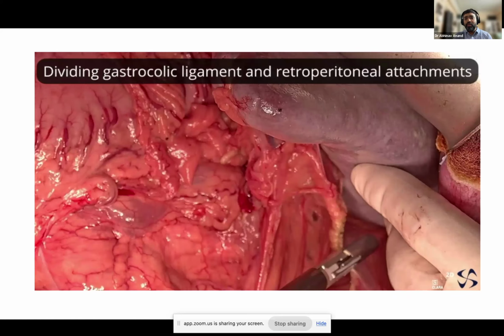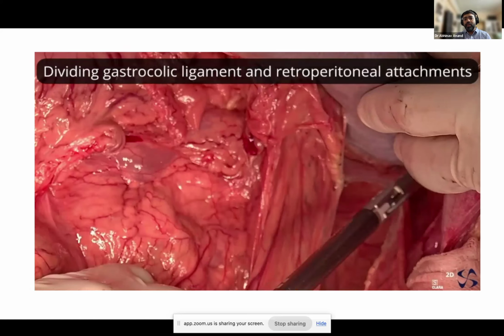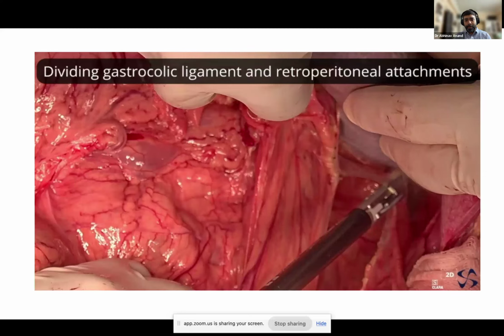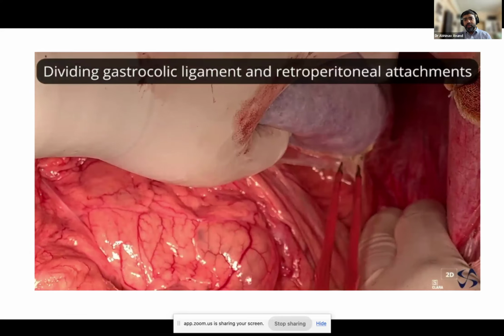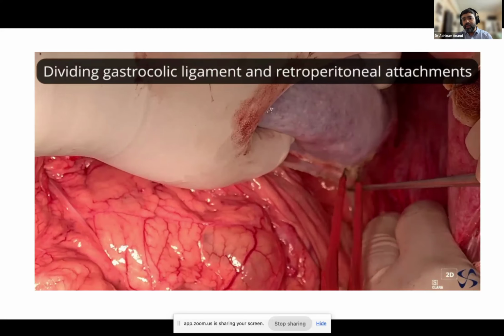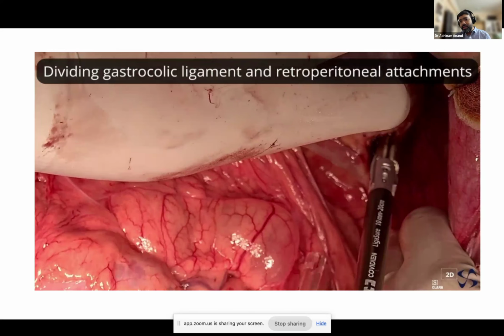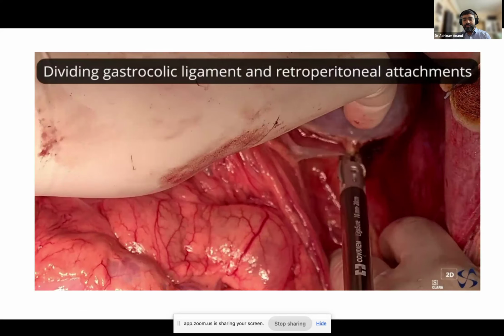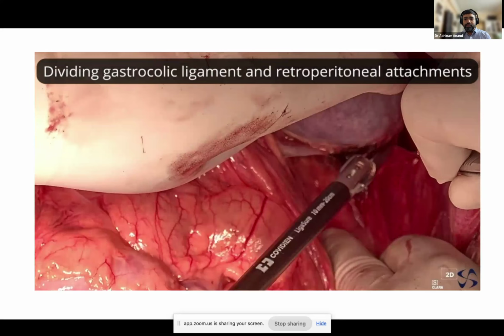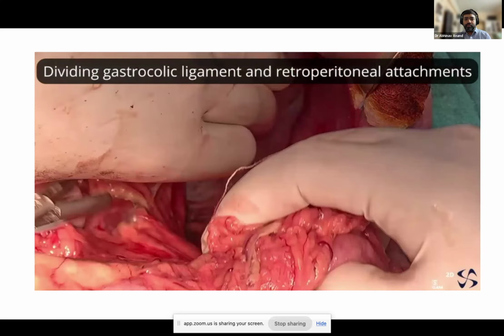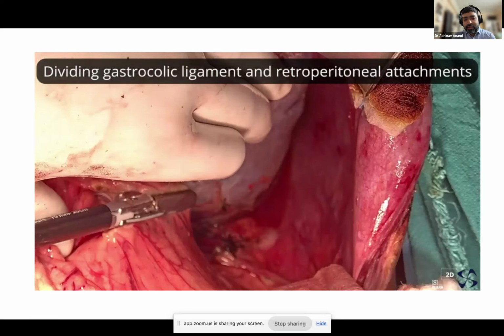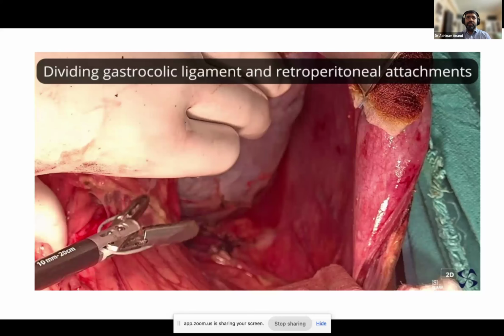We divide the splenocolic ligament and the retroperitoneal attachments. Use of energy device and bipolar wherever we are comfortable with can be done. In our center, we do most of the dissections with the LigaSure and the bipolar.